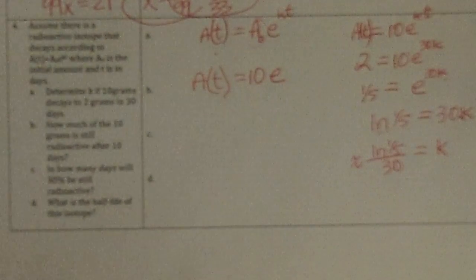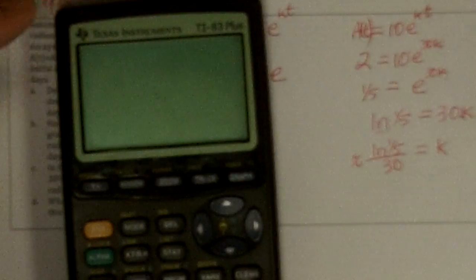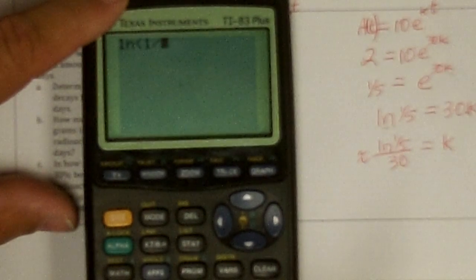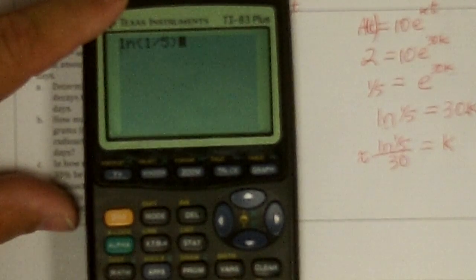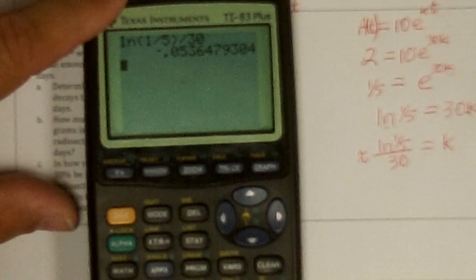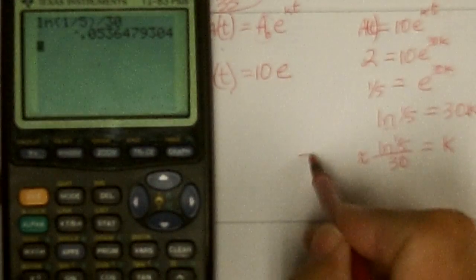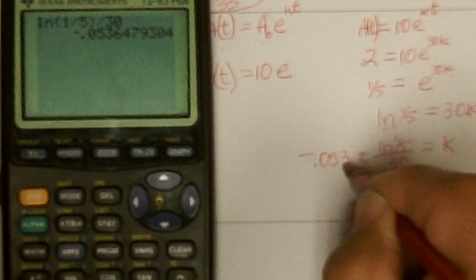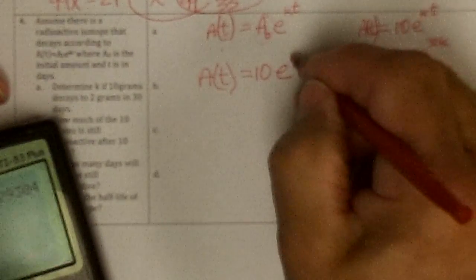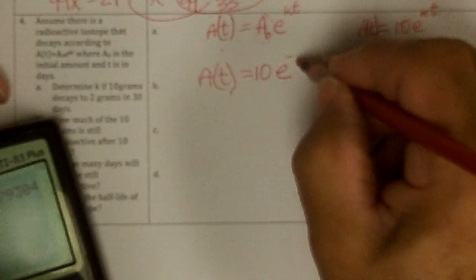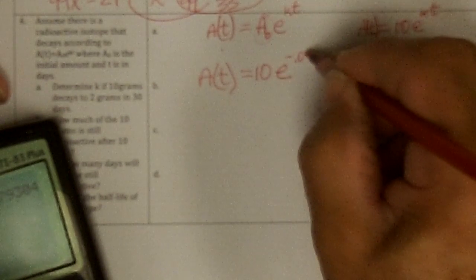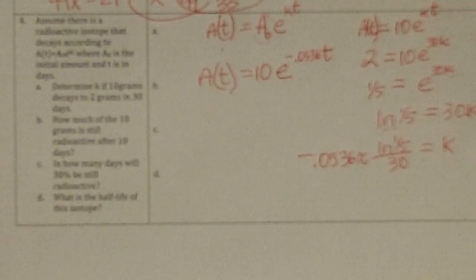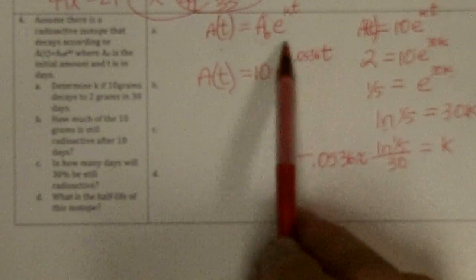So I'll pull out the calculator and I'll go ln of 1 divided by 5, and that answer divided by 30, and I get negative 0.0536. So I get negative 0.0536 T.